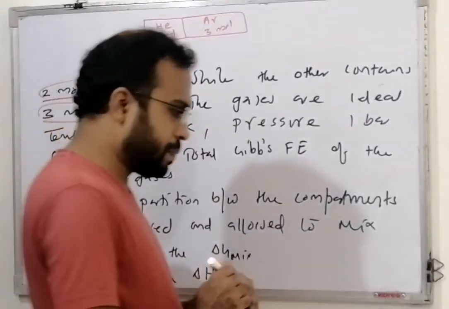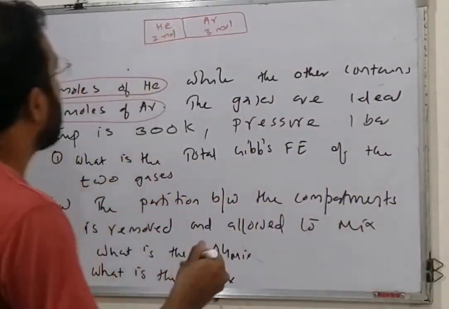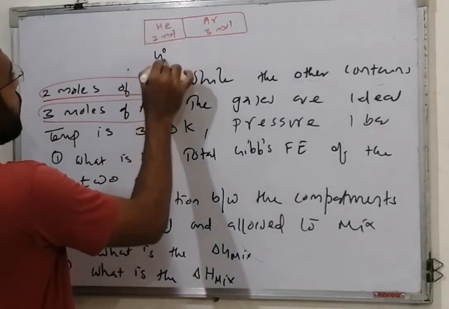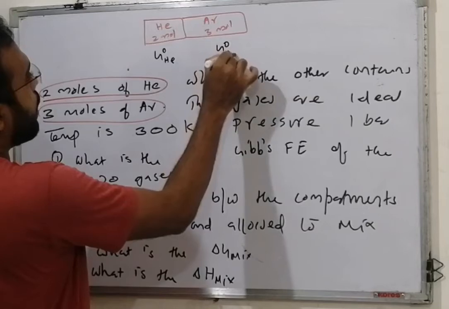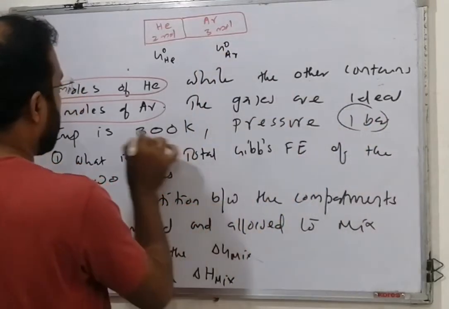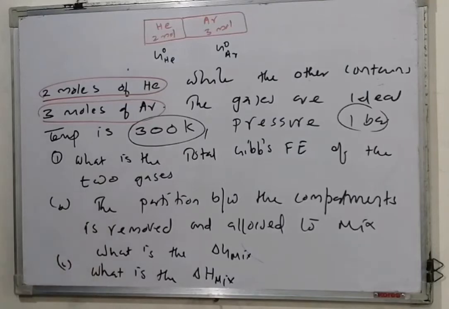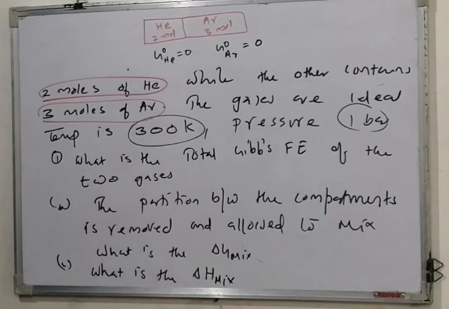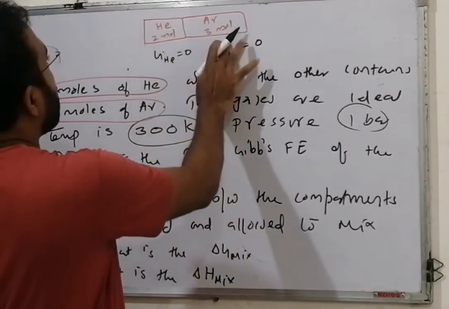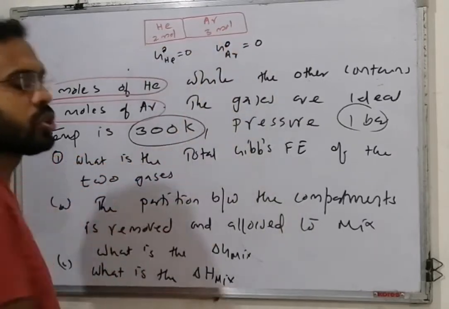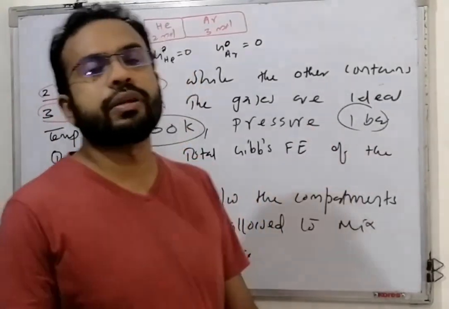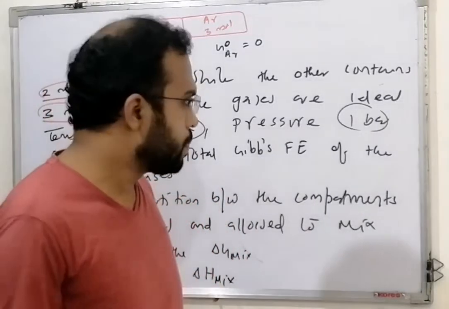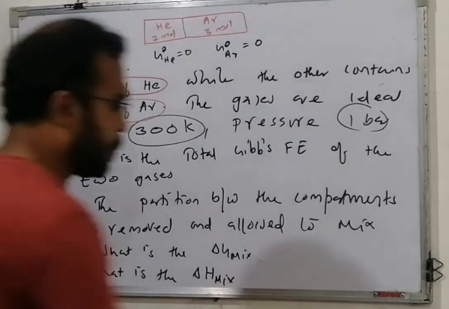For an ideal gas, the total free energy is the standard free energy of helium plus the standard free energy of argon at 1 bar and 300 Kelvin. For an ideal gas, this standard free energy is 0, arbitrarily fixed as a standard state, because they are at equilibrium. No change, nothing. They are at equilibrium in the container. It's fixed. That's all for the first part of the question.